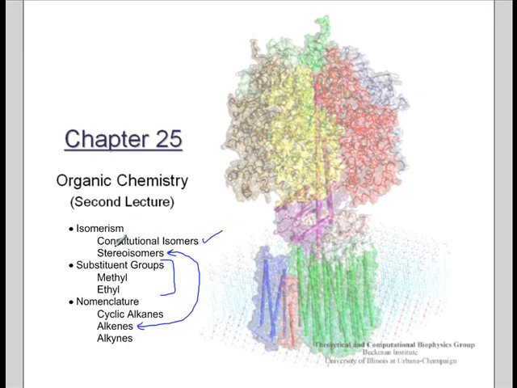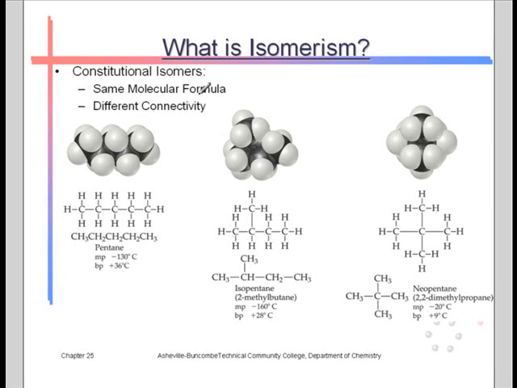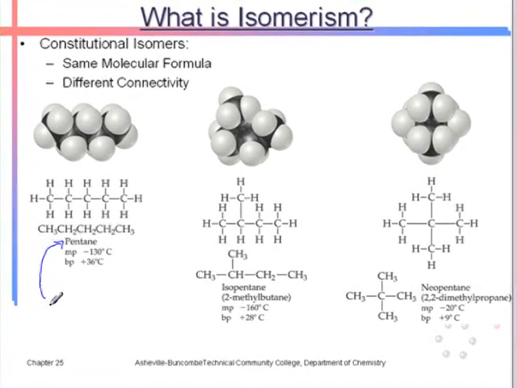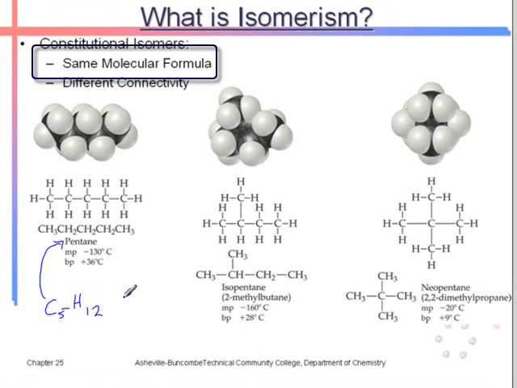But the first thing I want to do is get back into this notion of isomerism, and then specifically for a series of alkanes. I have pentane here, which is a 5-carbon chain. And let me share something with you here for your alkanes. Alkanes actually follow a particular ratio between the carbons and hydrogens.